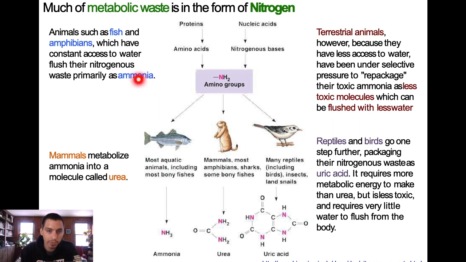So they can excrete their waste as just straight up ammonia. And any of you who have ever cleaned a bathroom will know that ammonia is a very strong chemical. It's the simplest form. Down here we have the formula for ammonia. It's just NH3, so it's a really simple format. It doesn't take a lot of energy to make, and they can put it right in the water.